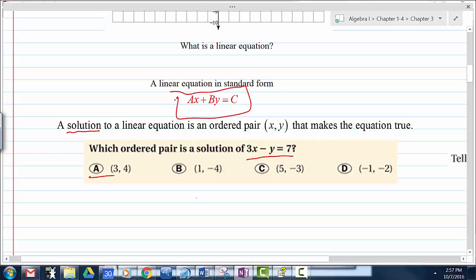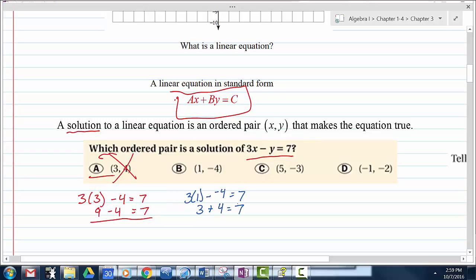Let's find out for a. If I plug in a, obviously you can see it's not true. The reason why is I plugged in 3 for x, 4 for y, and when I plug that into the equation right there, I ended up with an untrue statement. 9 minus 4 is not 7, so we know it's not that one. What about b? That works because it gives us a true statement.